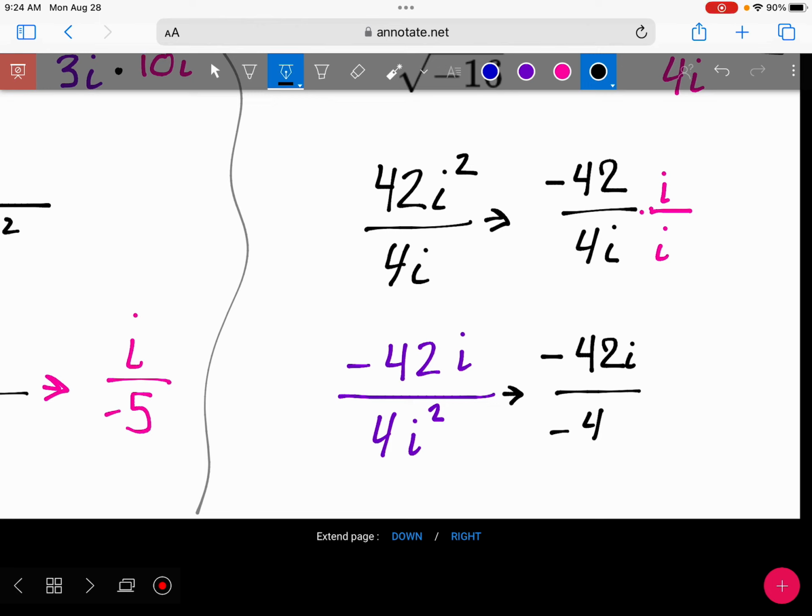Yeah, I could divide both pieces by negative 2. And we're going to have an answer of 21i over 2. Whenever you have negatives top and bottom, the negative signs cancel out, and we do need to simplify top and bottom.